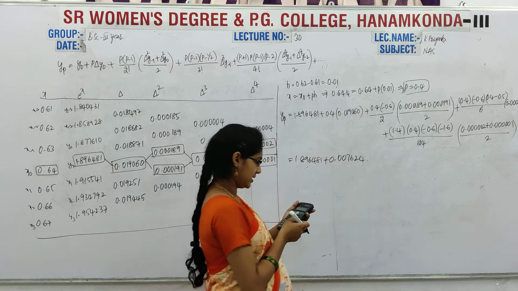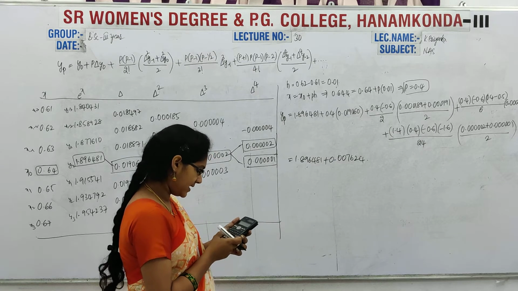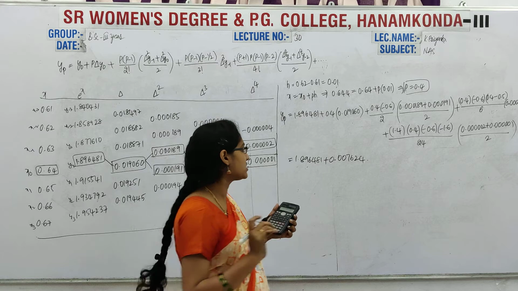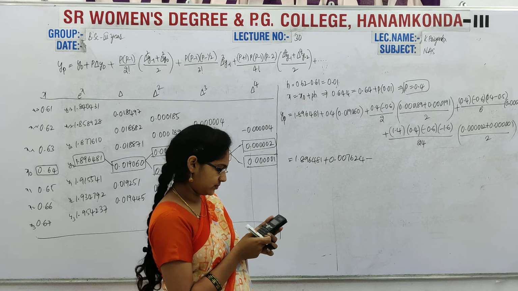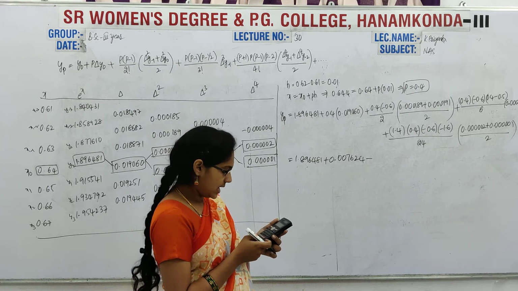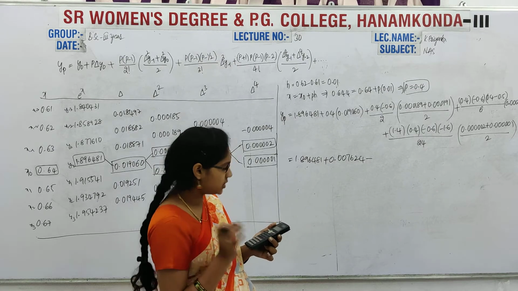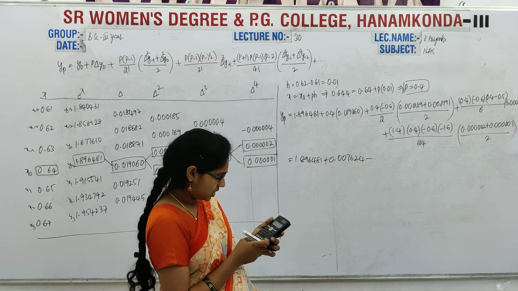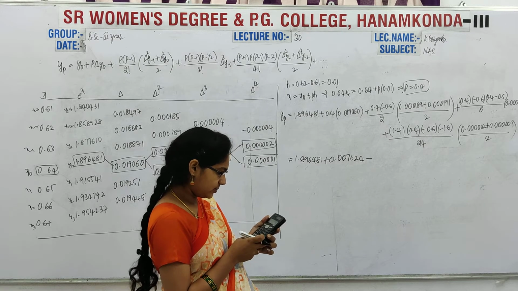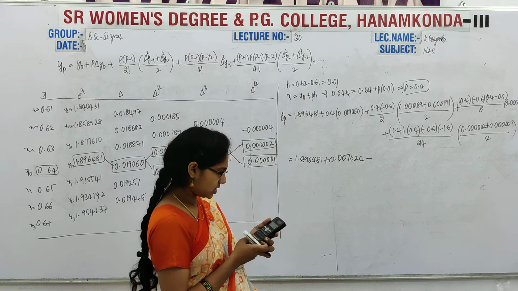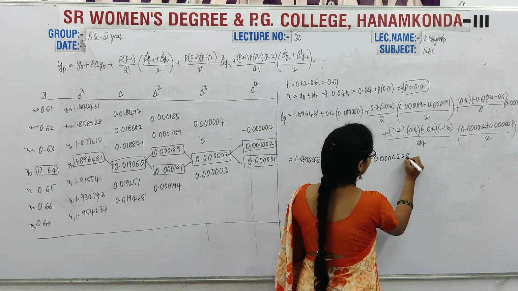Next, listen carefully, 0.4 into 0.6 divided by 2 is 0.12, divided by 2 is 0.06, into the bracket 0.000189 plus 0.000191, which is nothing but minus 0.0000, four zeros.